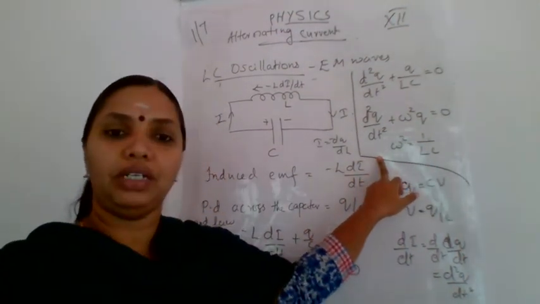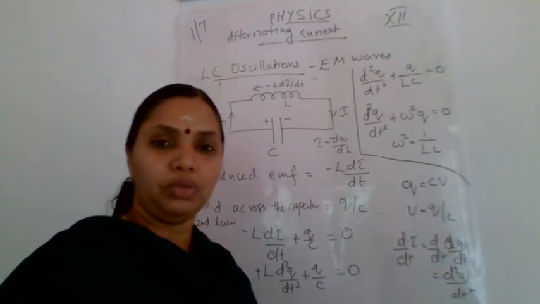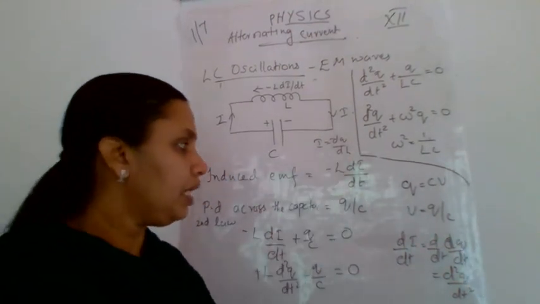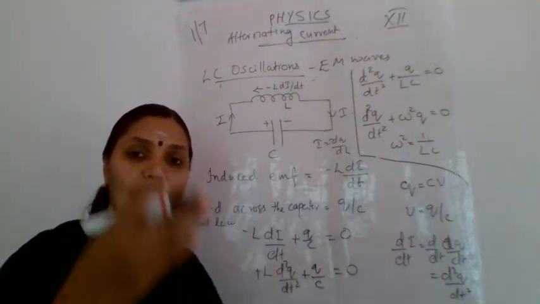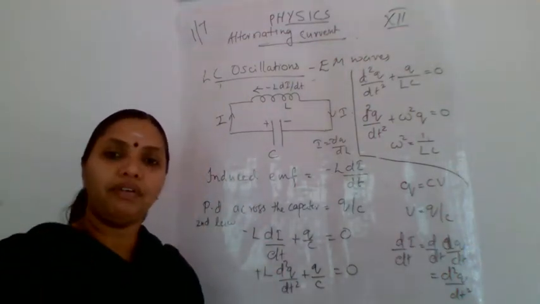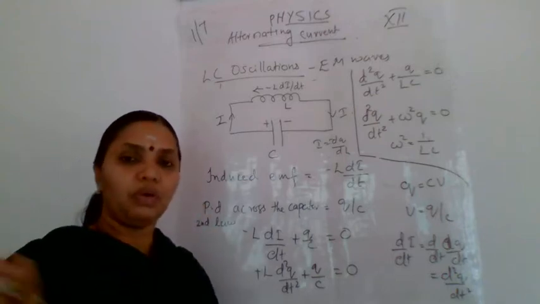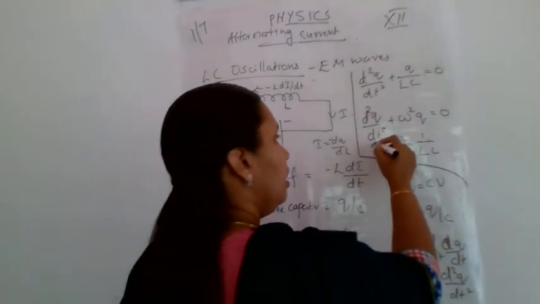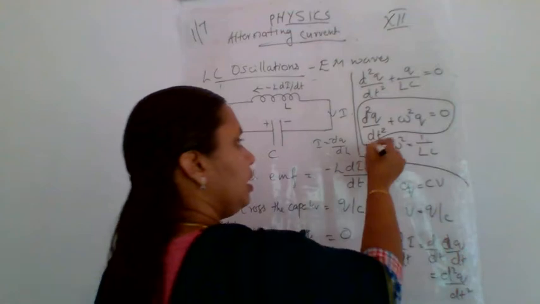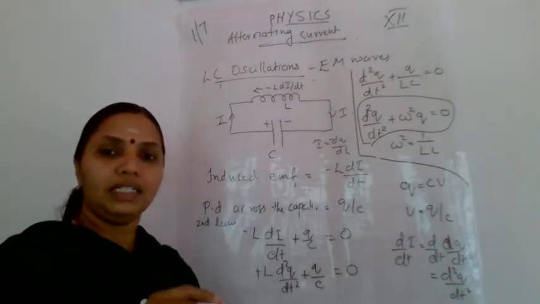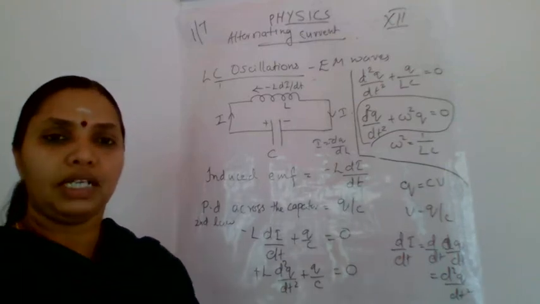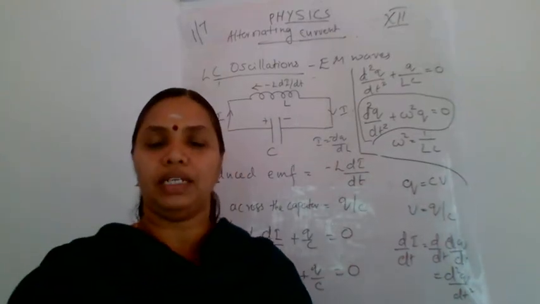Okay, that is equivalent to a simple harmonic motion. Qualitatively we have seen that the variation in the energy comes out as a wave or as an oscillation. And here the output is in the form of this second order linear equation, and it is proved that it is coming out in the form of an oscillation.